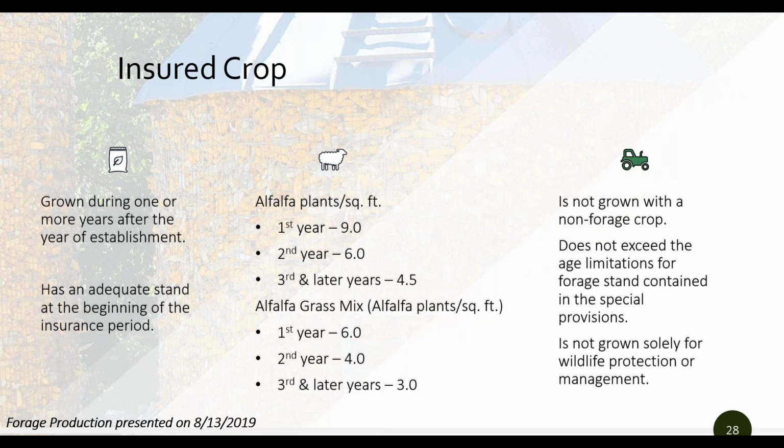The Pennsylvania special provisions do not have an age statement, so that's something we don't worry about there for Pennsylvania. And it's not grown solely for wildlife protection or management. So it's not a field that you're just growing to feed wildlife, keep the deer on in your backyard, that kind of thing.